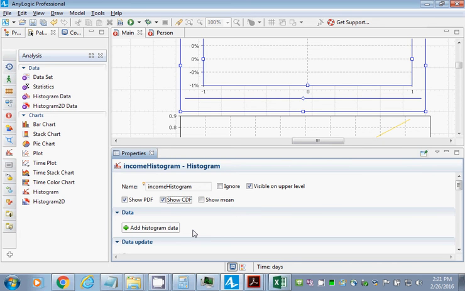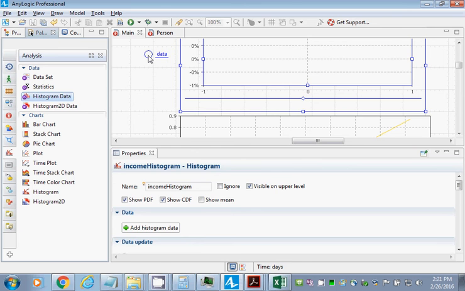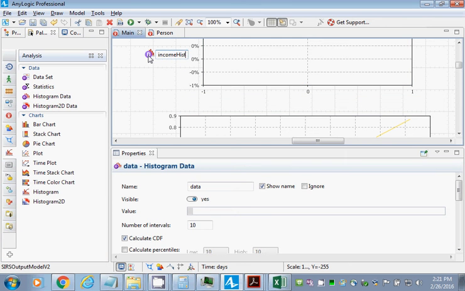Next, we're going to go and put in place a histogram data object on which this will depend, ladies and gentlemen. Are we okay with that? Okay. So, ladies and gentlemen, let us now go put in place a histogram data object called income histogram data. Boom. Are we ready for this?